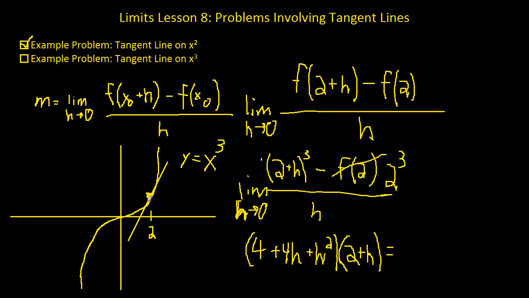And this equals, let's do this, 8 plus 8h plus 2h squared plus 4h plus 4h squared plus h cubed.